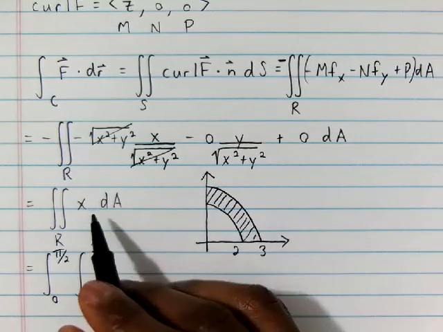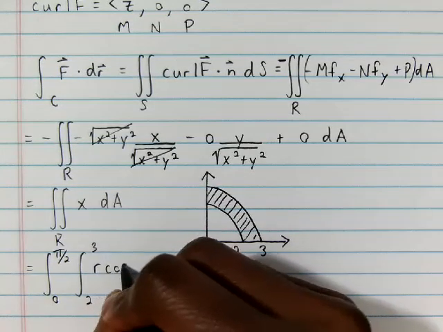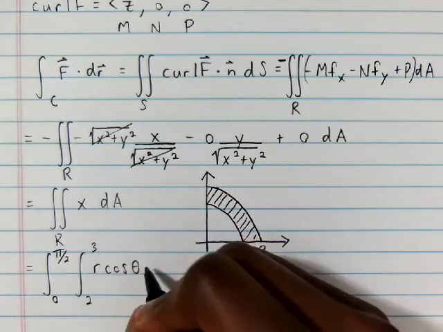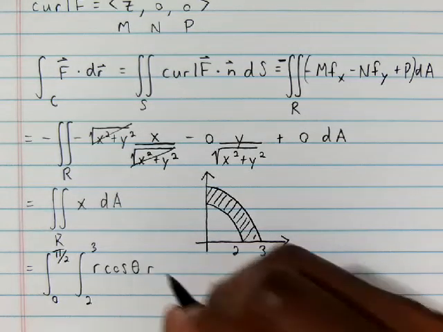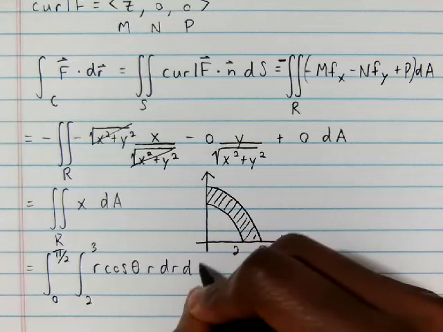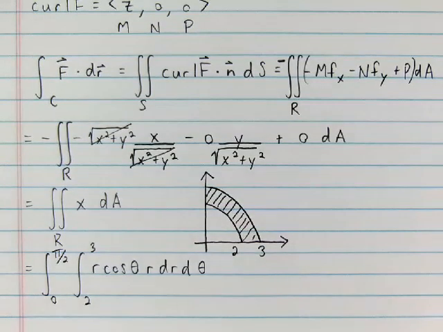Our integral is just x, so that's r cosine theta, and then we switch to polar. We switch a rectangular integral to polar. We didn't use a polar parameterization, so we need our Jacobian r and dr d theta, and we would evaluate that integral. All right, so that concludes section 15.7, and we'll start section 15.8 in our next video.